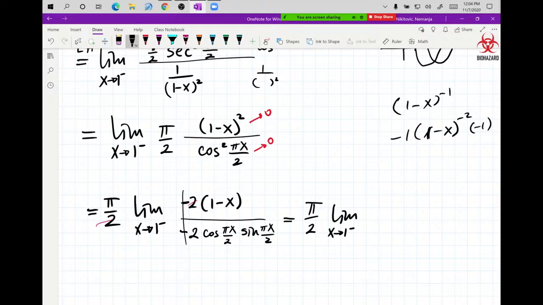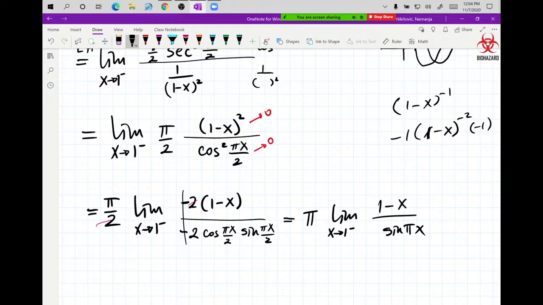So now we just have a pi outside. And we are left with 1 minus x divided by, and when you combine these on the bottom, you get 2 sine pi x. No, not 2, just sine pi x. 2 is part of the formula. So sine pi x.